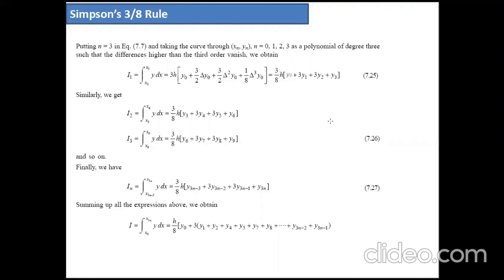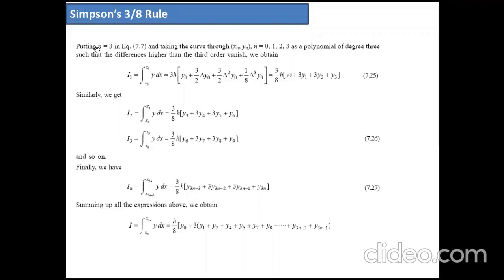As you know, in the trapezoidal rule we took the function as a polynomial of degree 1, and in Simpson 1 by 3 rule the derivation was carried out by considering the function as a polynomial of degree 2. Now in this method, we are assuming that our function is a polynomial of degree 3. So here we have two assumptions. First, n is equal to 3, and second, the function is a polynomial of degree 3.